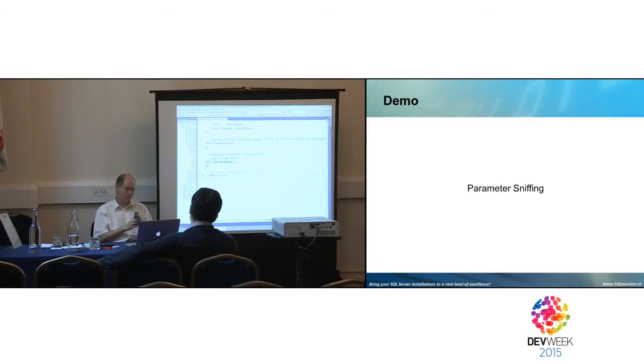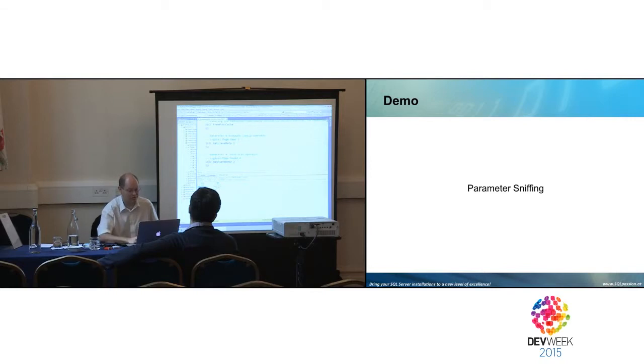So now, with the recompilation of the stored procedure, we just get a new execution plan every time we execute it. Value of 1, 1 record, bookmark lookup. Value of 2, 1499 records, table scan.